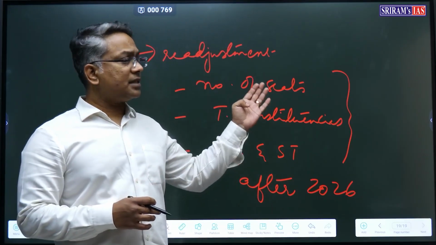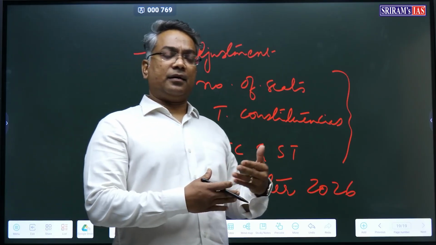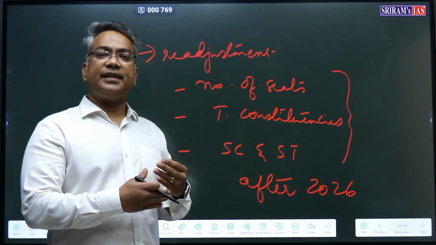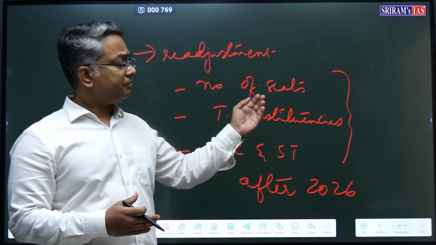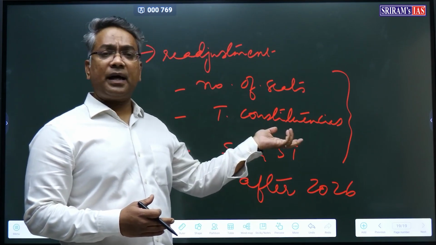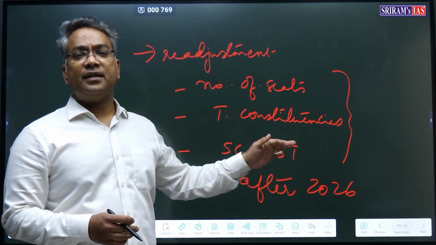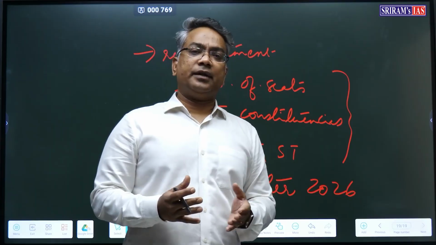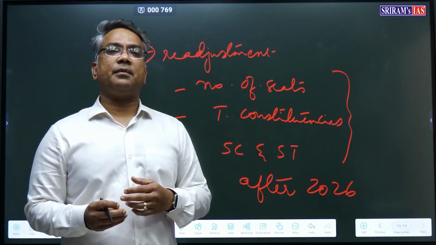So taking into consideration the increase in population, the changes in the number of seats for Lok Sabha and state legislative assemblies, the demarcation of the territorial boundaries and the reservation of seats for STs and SCs, there are many challenges before the delimitation commission.